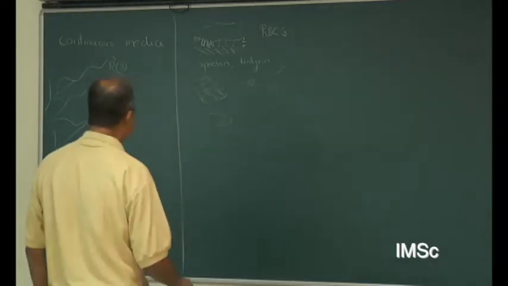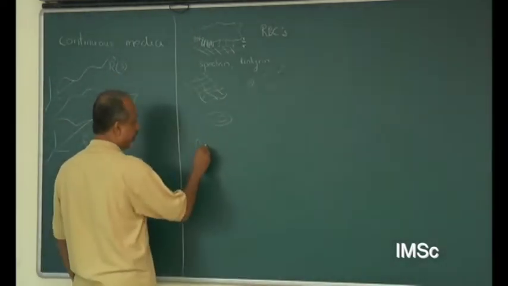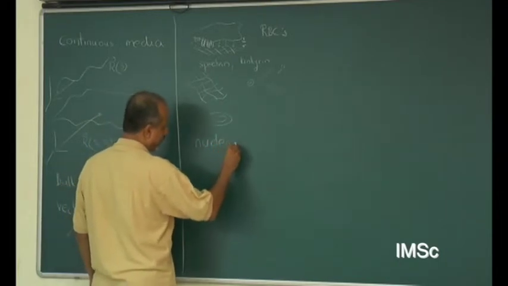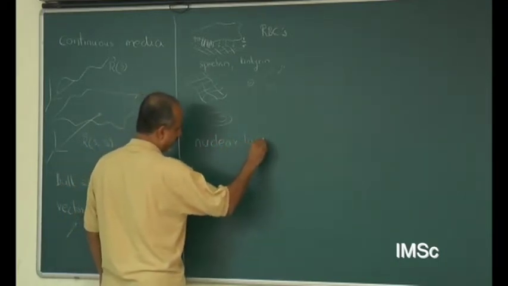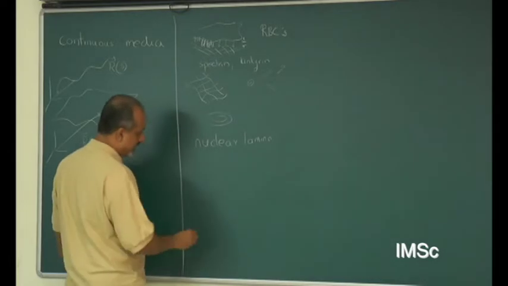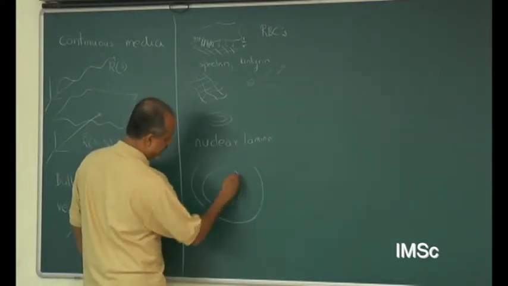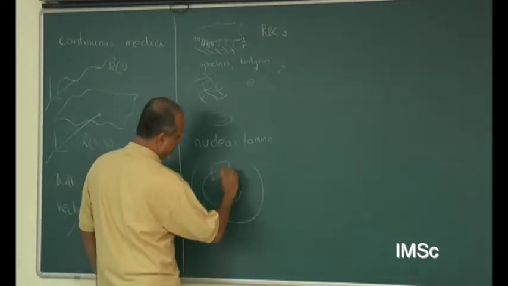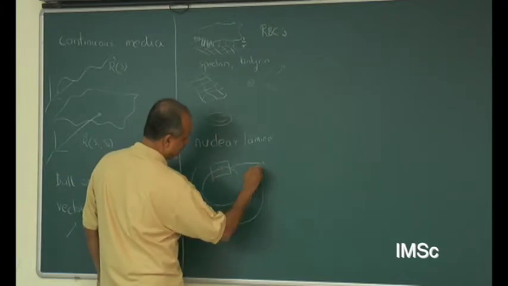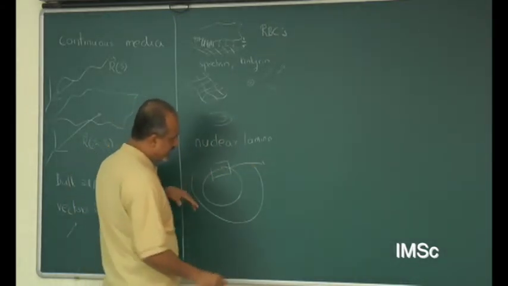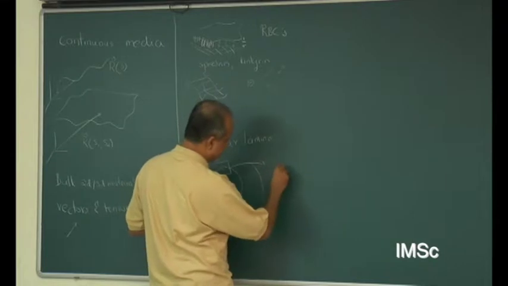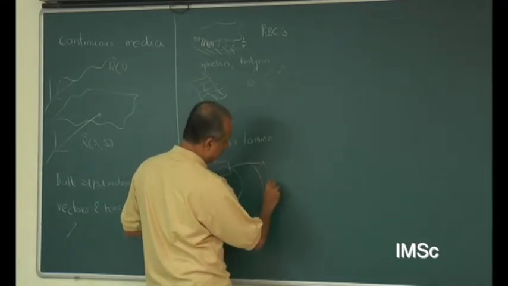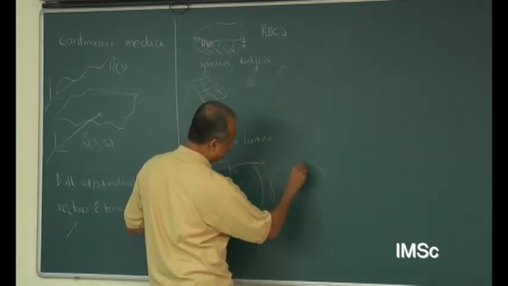The other example is the nuclear lamina. And this is a cell, this is a nucleus. And the nuclear lamina is a structure that sits just below the membrane here. And the membrane of the nucleus is an interesting membrane. It's a double membrane, so it looks like this.